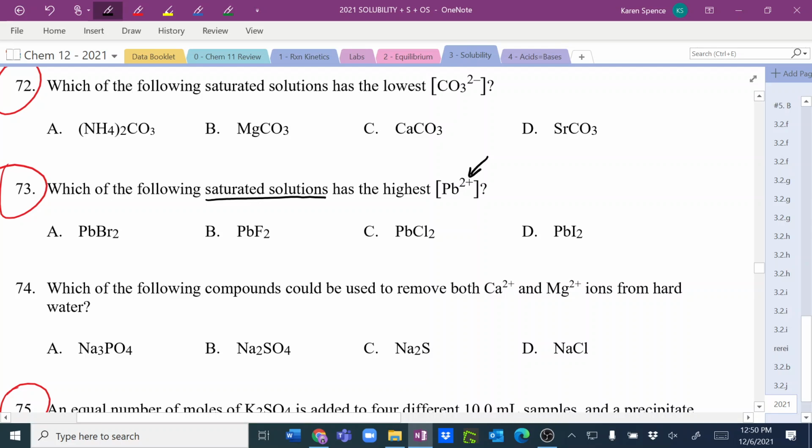Which of the following has the highest concentration of lead? If I had lead nitrate, that would be our winner, yes, because nitrate is soluble with everything. However, this one isn't, so you're going to have to then go look at the KSP values for lead bromide, fluoride, chloride, and iodide.